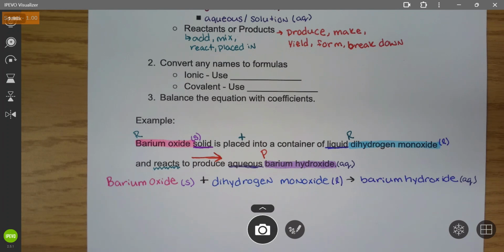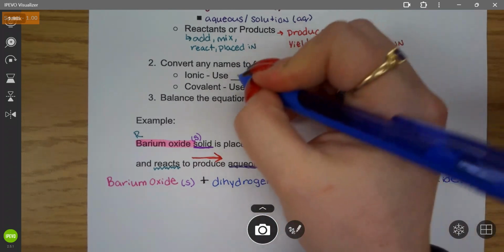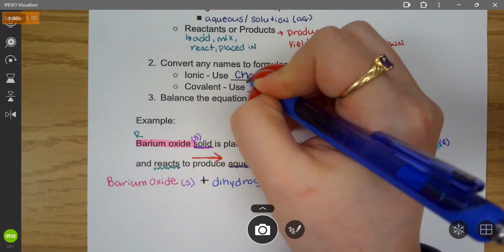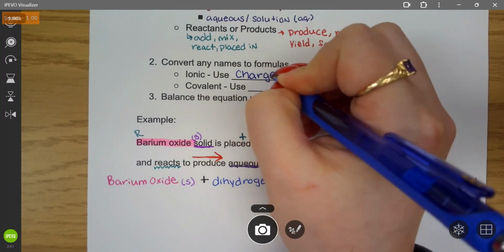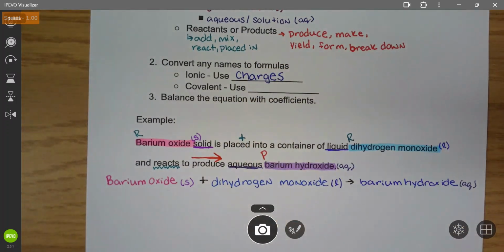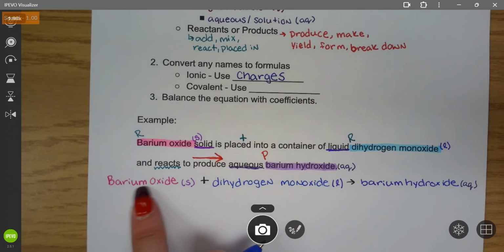If we have an ionic compound, ionic compounds means there are no prefixes in the name. Ionic compounds mean charges. We're going to be balancing charges if you see those ionic formulas. So when I see barium oxide here, see how there's no prefixes in this name?